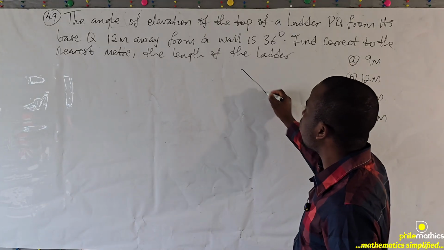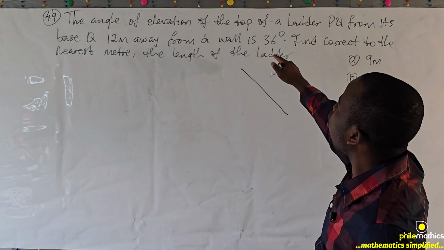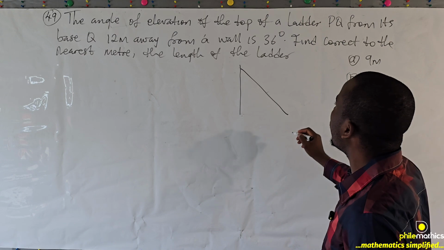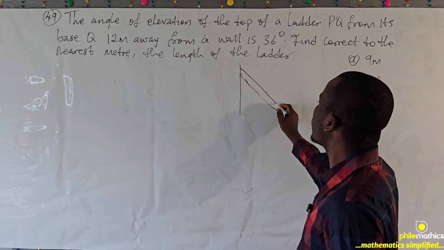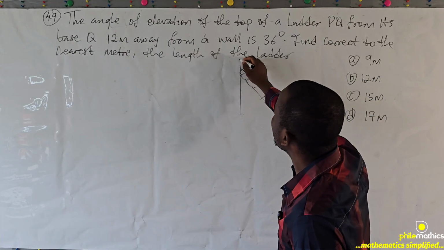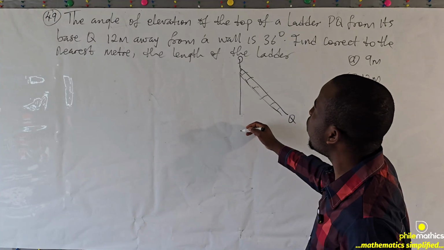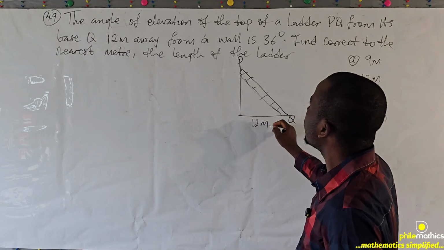So angle of elevation means we're talking about this length of the top of a ladder. So if this is where the ladder is rested on, this is the ladder PQ. P is here, Q is here, 12 meters away from the wall.